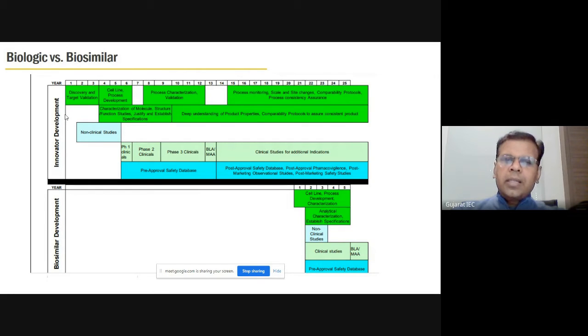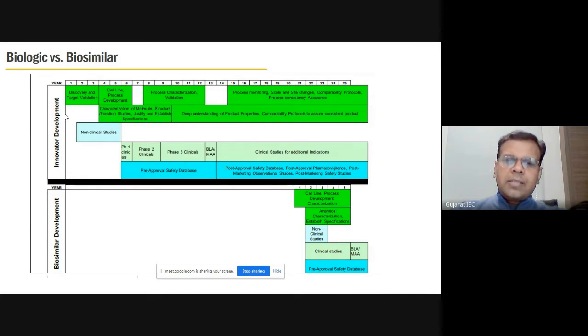The process is nearly a 20 to 25 year process, right from discovery, validation of the target, producing the cell lines, finalizing the process, getting a fair understanding of the product, and then monitoring, scale up, and then you do the clinical studies, the non-clinical studies, and then other additional indication studies. So it takes a long time for an innovator to get into the market.